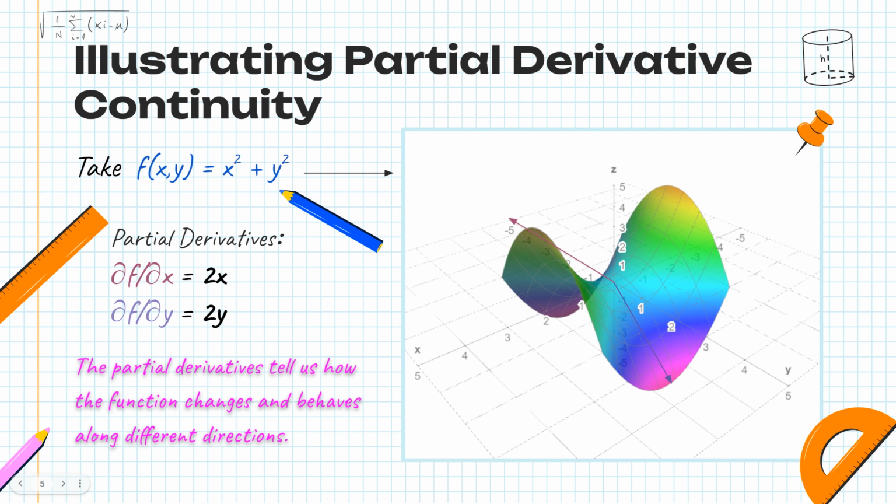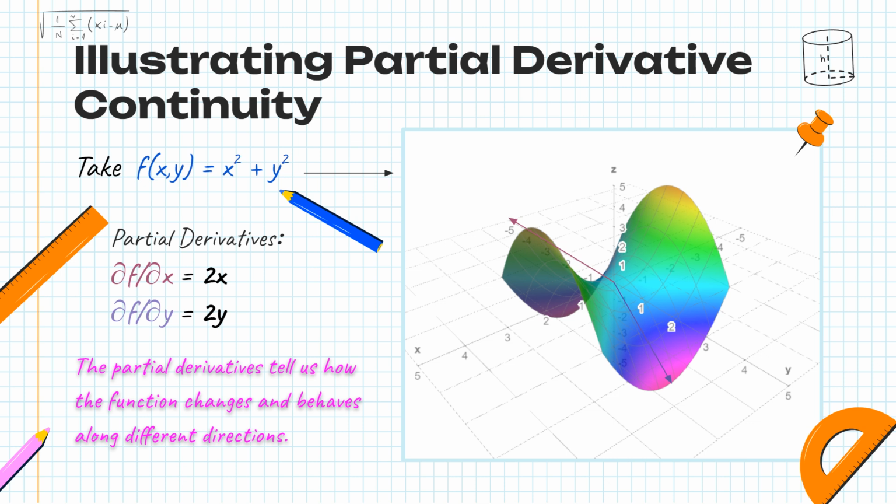Let's illustrate partial derivative continuity on a three-dimensional function. Let's consider the function f of x, y equals x squared plus y squared, which describes the squared distance from the origin to a point x, y in the xy plane. This Pringle function here is a simple example of a function with two variables, and it has some really interesting geometric properties that we can explore using partial derivatives and continuity.